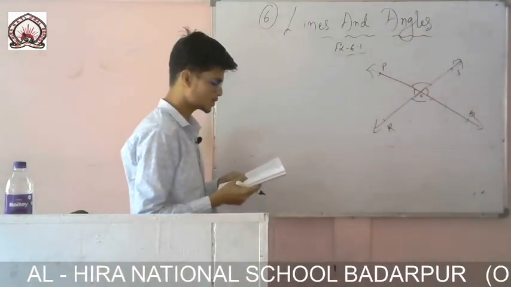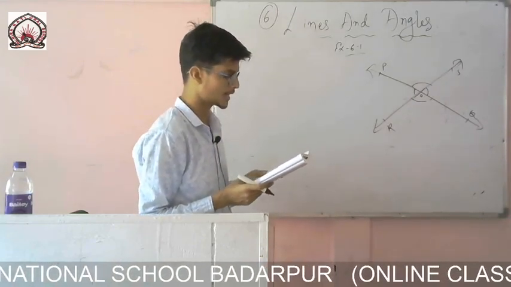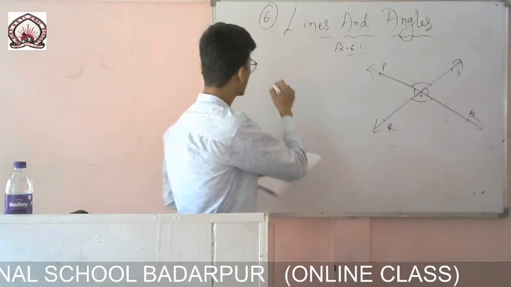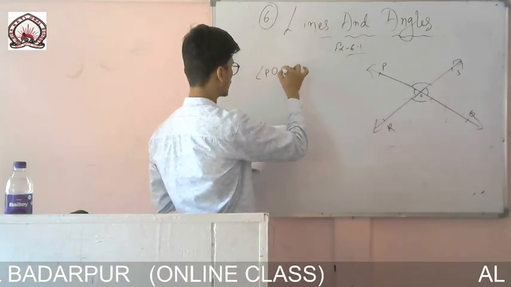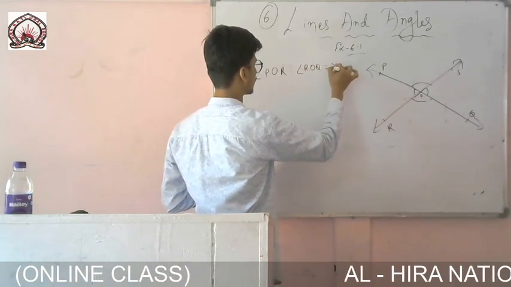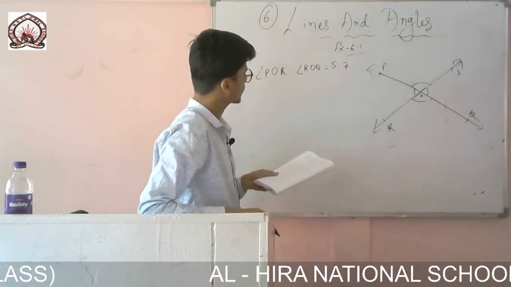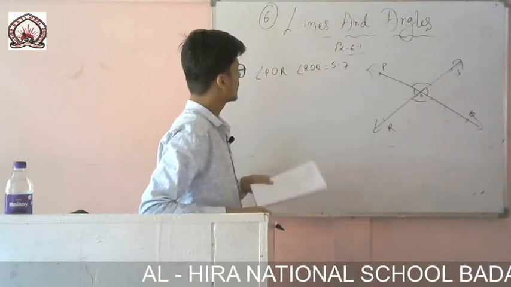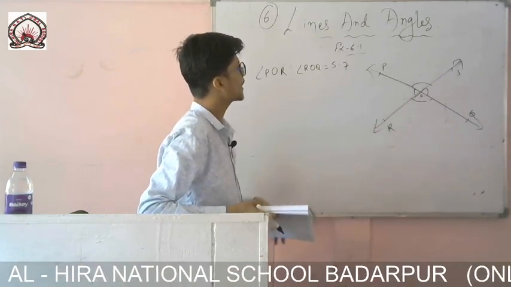So a question is given: the lines PQ and RS intersect each other at point O. If angle POR is to angle ROQ is equal to 5:7, find all the angles. Okay, so the question is to find all the angles.